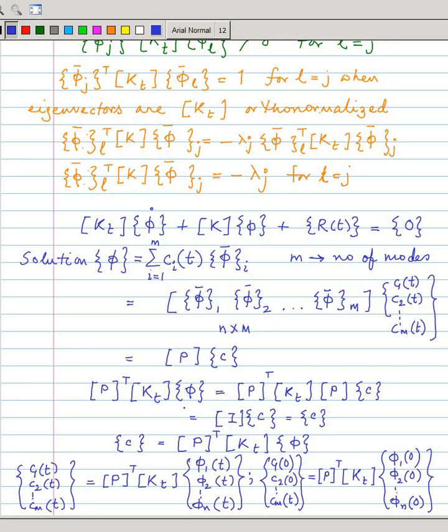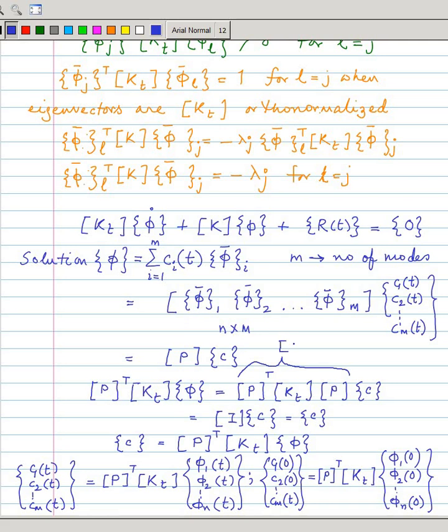So now you know that phi equal to pc. You pre-multiply this by p transpose kt, so you get p transpose kt phi, and p transpose ktp. This is actually an identity matrix, because phi 1 transpose kt phi 1 is equal to 1, but phi 1 transpose kt phi 2 is equal to 0.